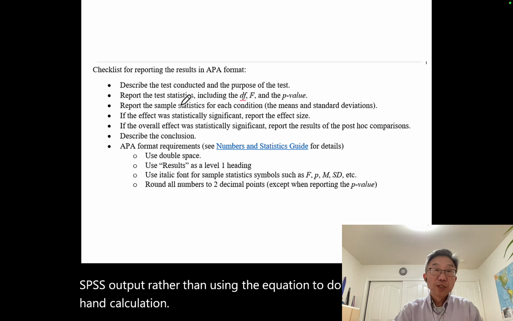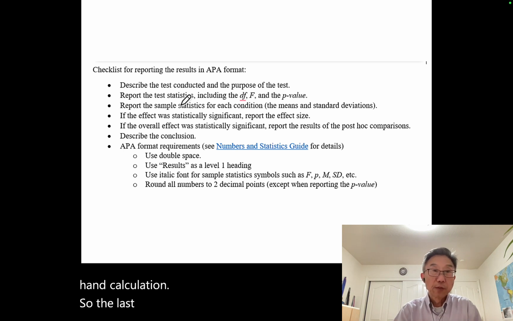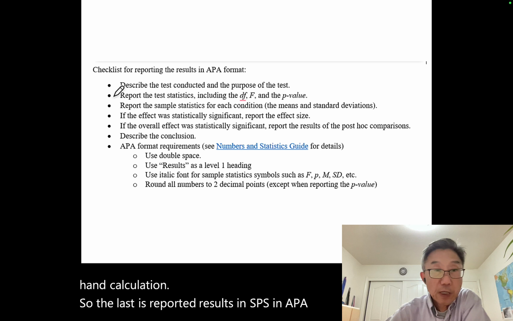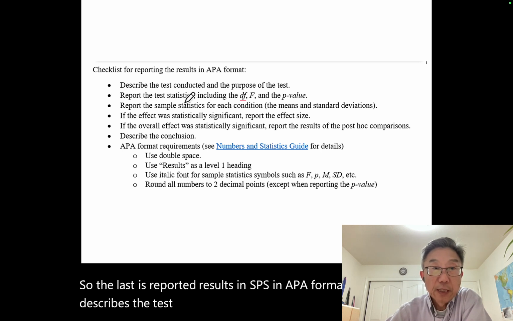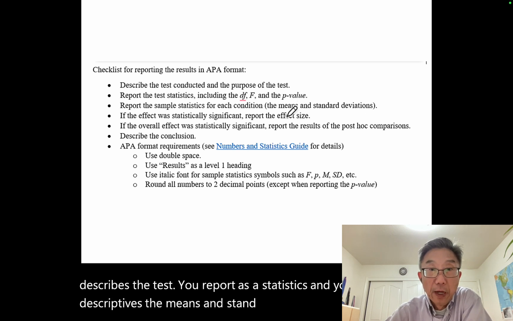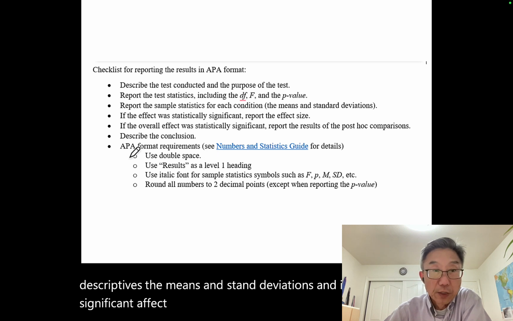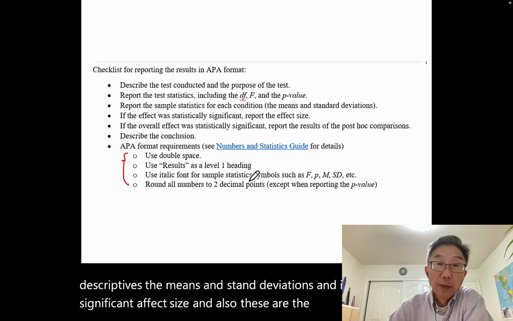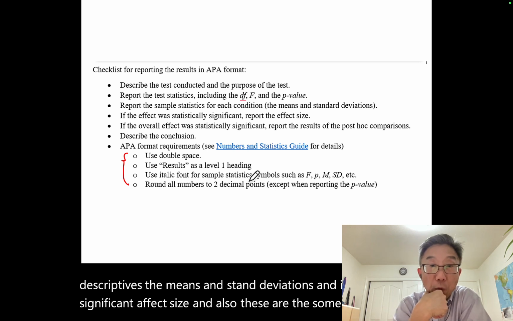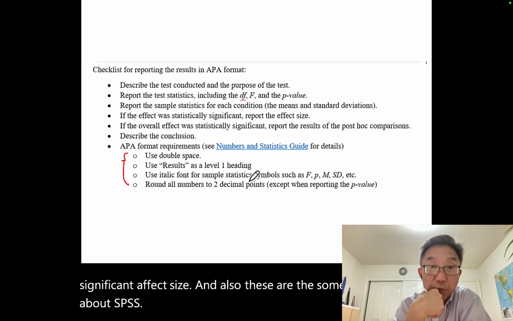So the last step is to report the results in APA format. So you always describe the test. You report the statistics and you report the descriptives, the means and standard deviations. And if the effect was significant, the effect size. Also, these are some guidelines about the APA format.